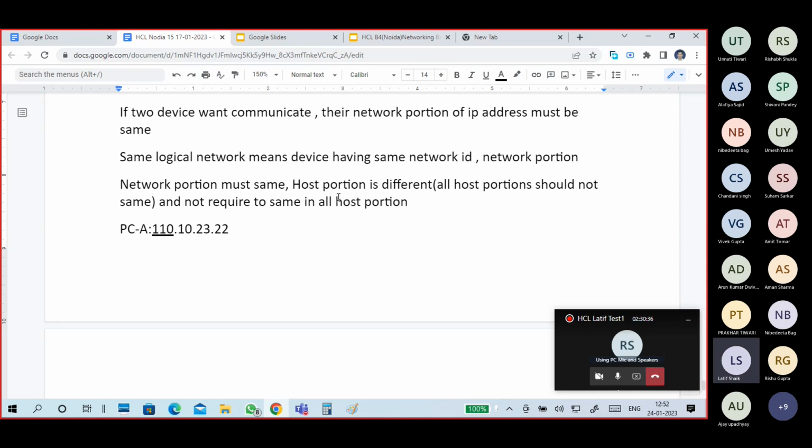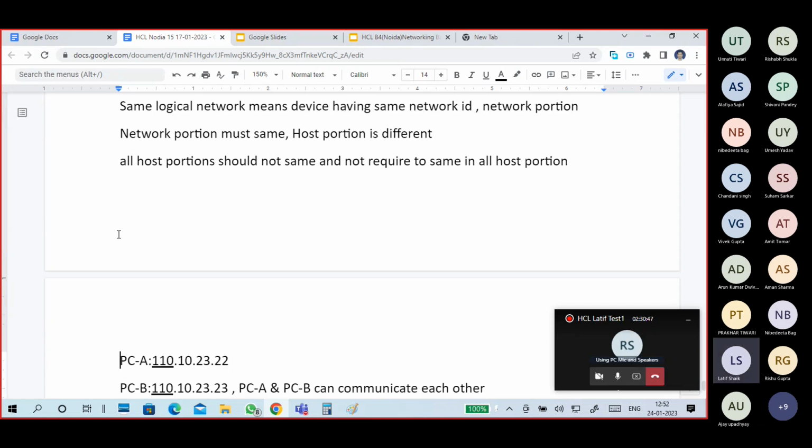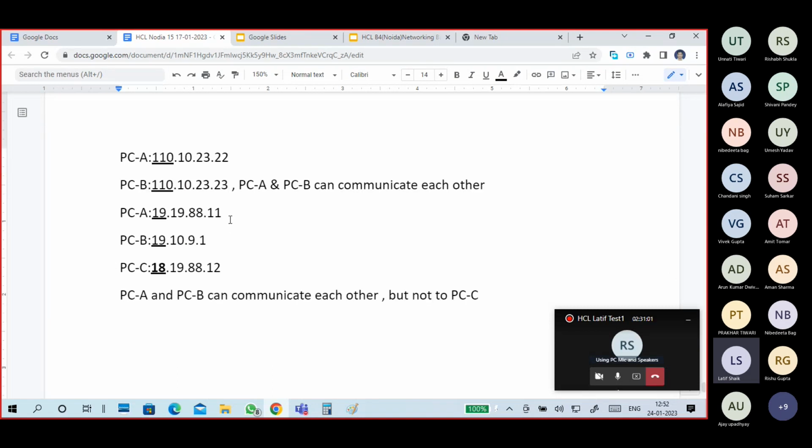A little confusion? No confusion at all. The point is, look at this: these two are the same, no problem, but this is different. Good. This is the host portion, and this host portion is different. That is enough, just for understanding.